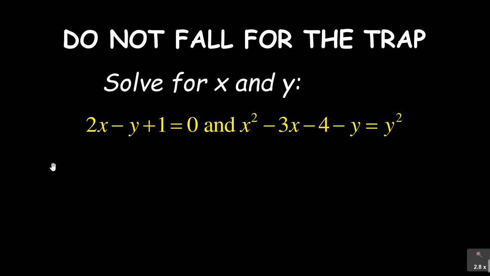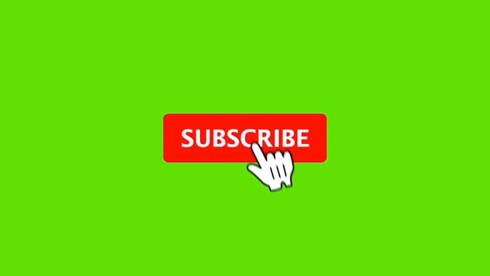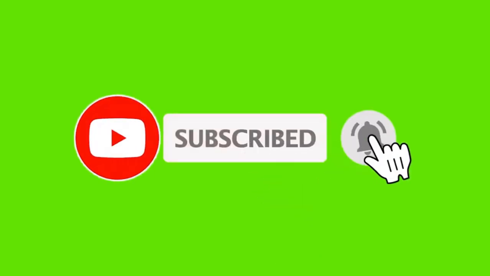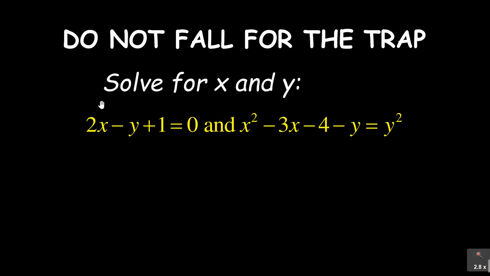Today, I just wanted to bring you an error that I've seen my students make time and again. It doesn't matter what grade you are. This error is from grade 9, but you find even grade 10, grade 11, and grade 12 still falling for the same trap.